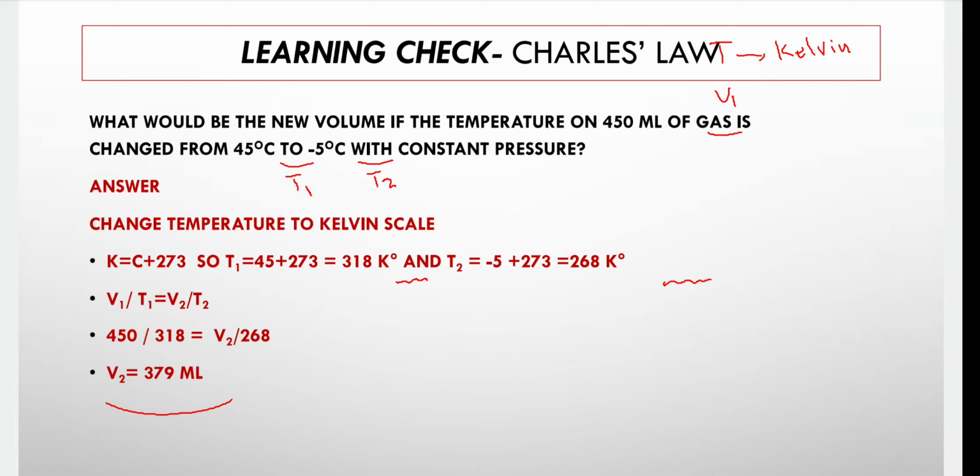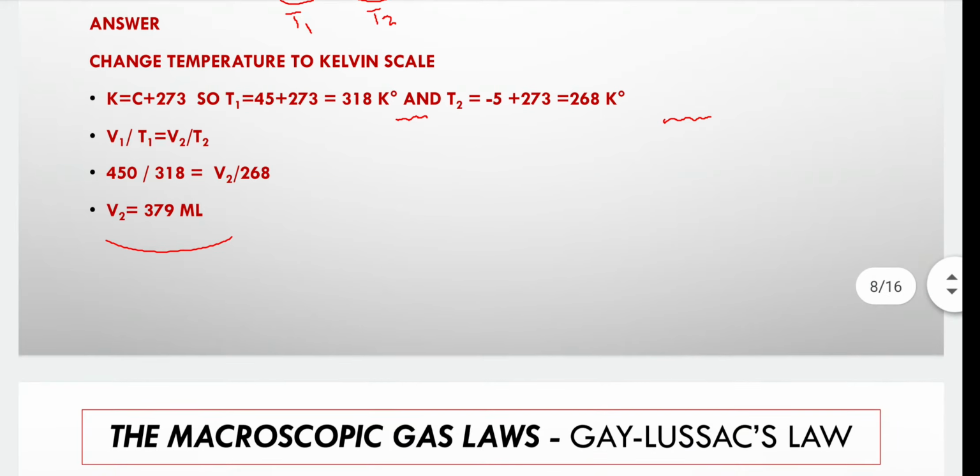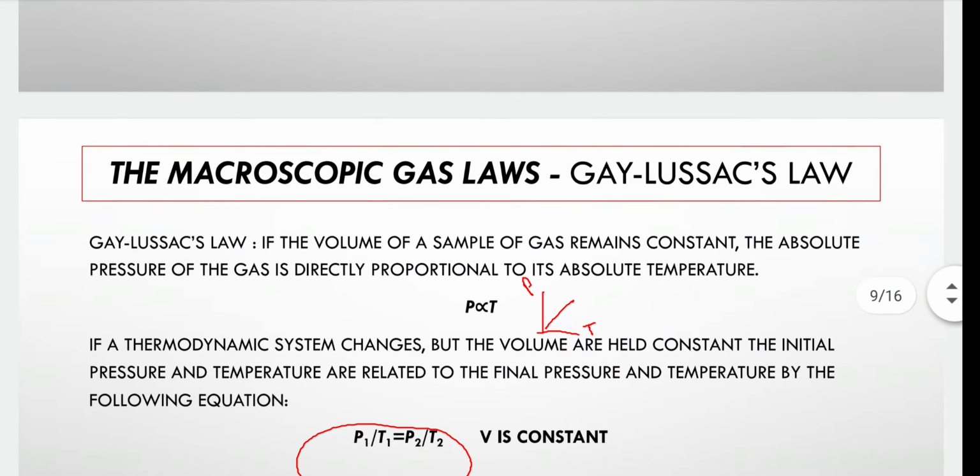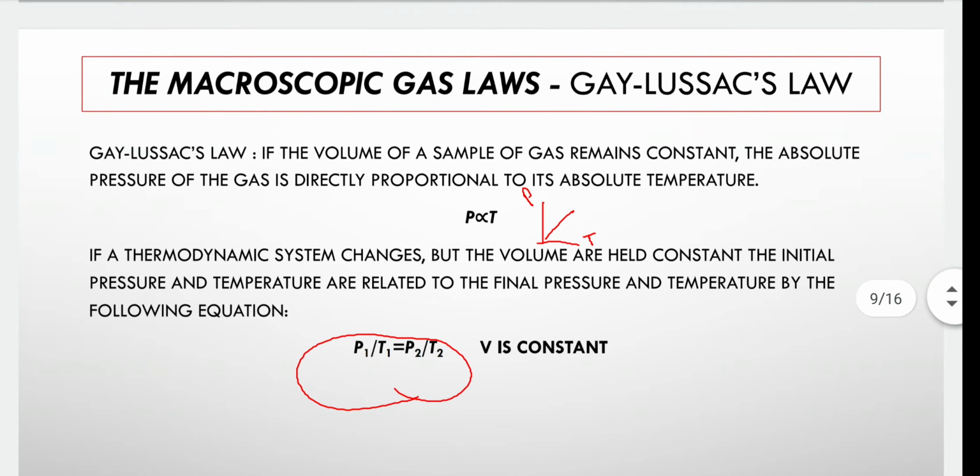So I have to calculate K, the Kelvin, which equals C plus 273. T1 gives me 318, and T2 gives me 268. From the relation V1 over T1 equals V2 over T2, I can get V2 directly by my calculations.